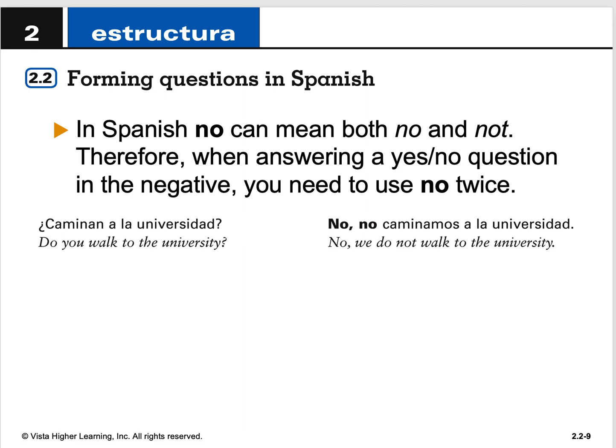So for instance, ¿caminan a la universidad? Do you walk to the university? You would say no, no caminamos a la universidad, because you would say no, we do not walk. It's not a double negative in the sense of English, but it's the do not. The second no is the not place, which is negating it in the sentence.